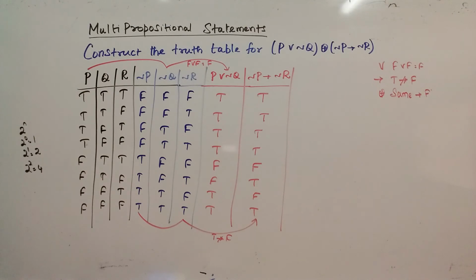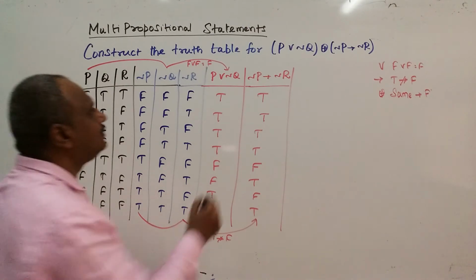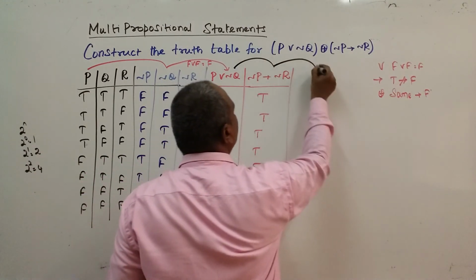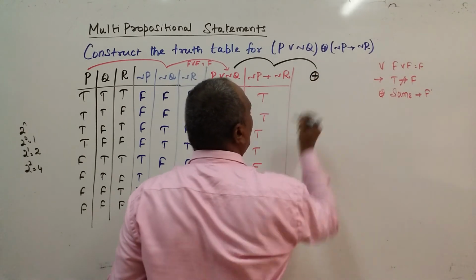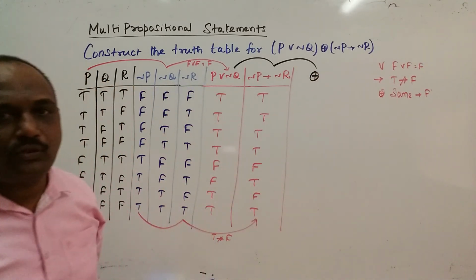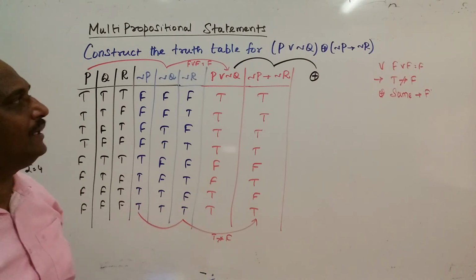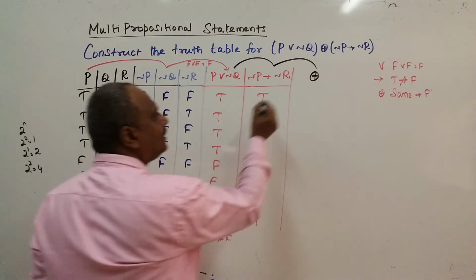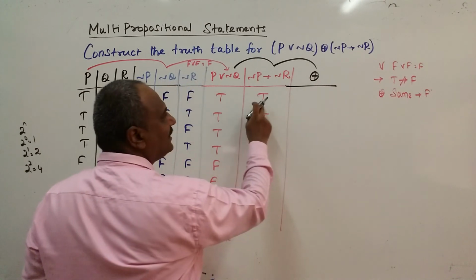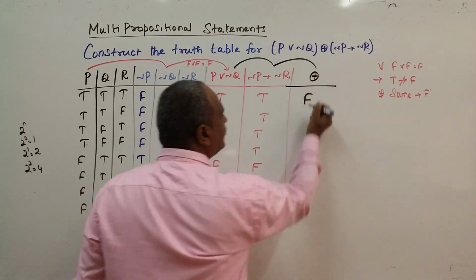Now finally, we are going to combine these two using exclusive OR. For exclusive OR, if I have the same statements, the result is false. I am going to check these two. Same, the result is false.